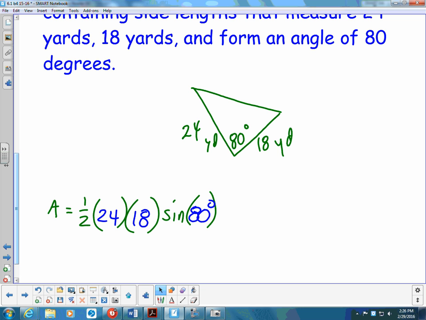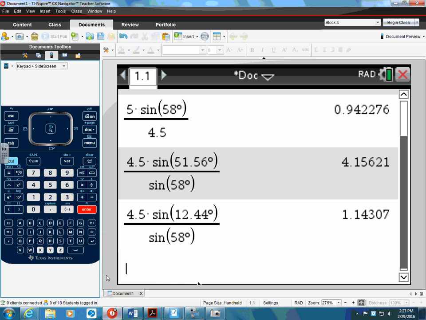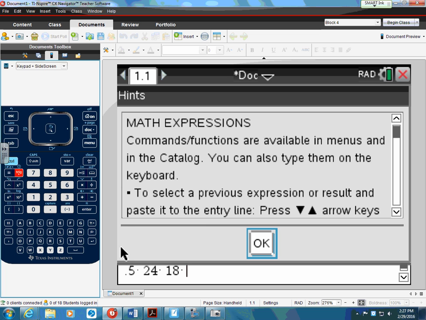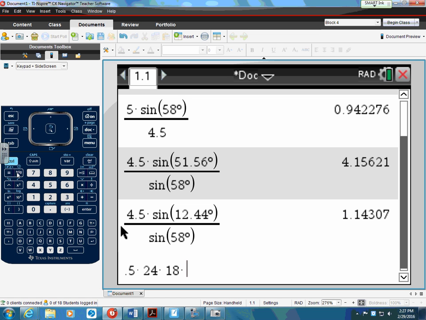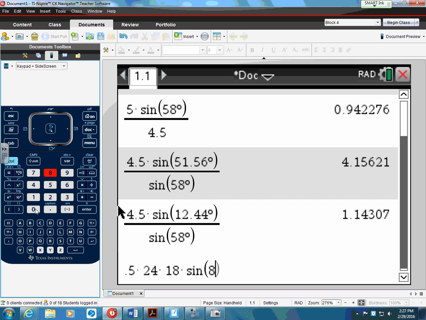Calculators. So I need 0.5 or 1/2 times 24 times 18 times the sine of 80 degrees.